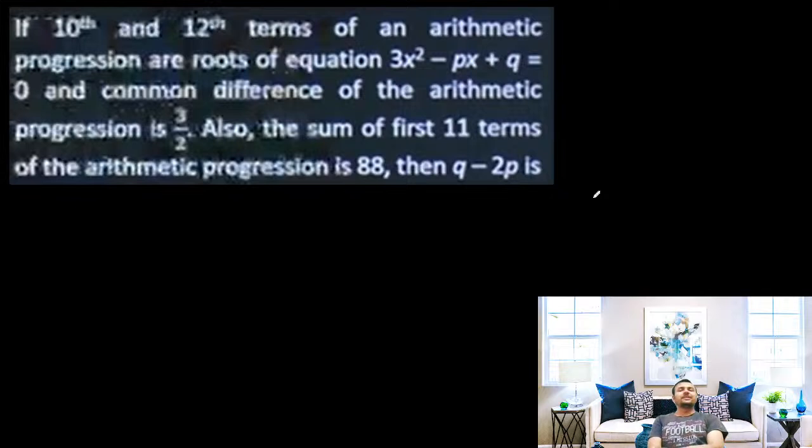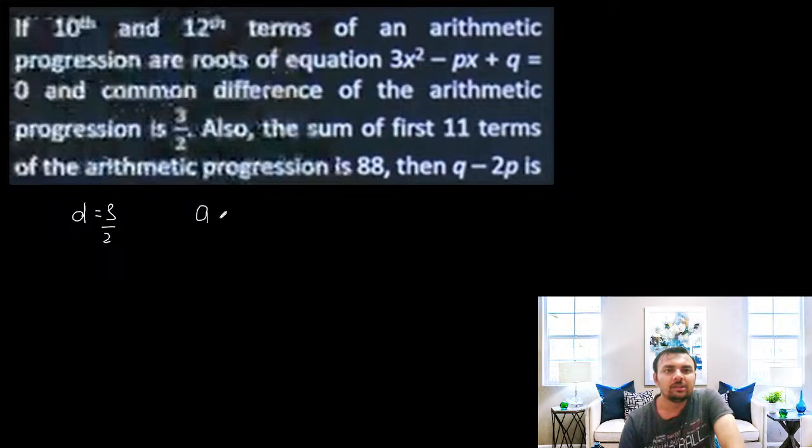Let's move ahead. The 10th and 12th terms of an arithmetic progression are the roots of the equation 3x square minus px plus q equal to 0. The common difference of the arithmetic progression is d equal to 3 by 2. The 10th and 12th terms, a plus 9d and a plus 11d, are the roots.